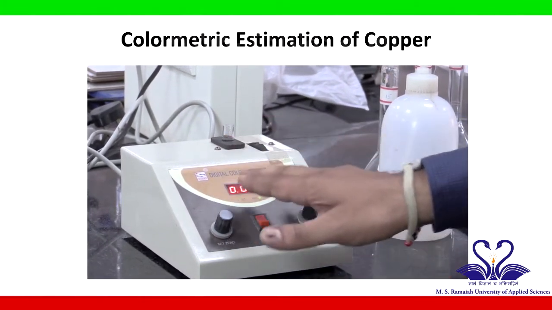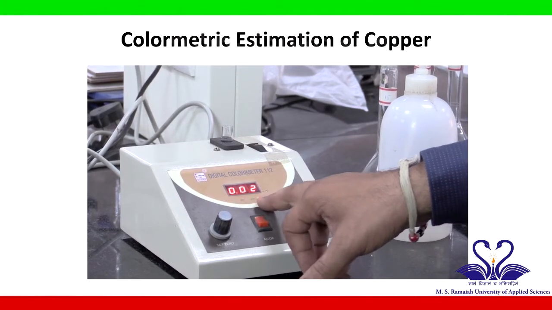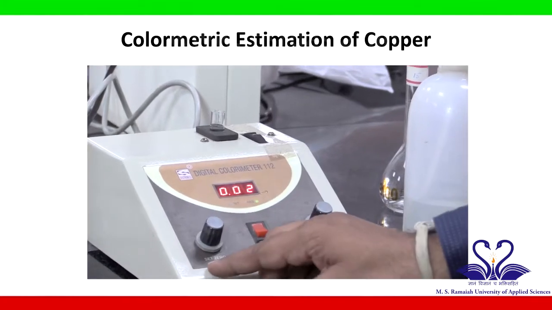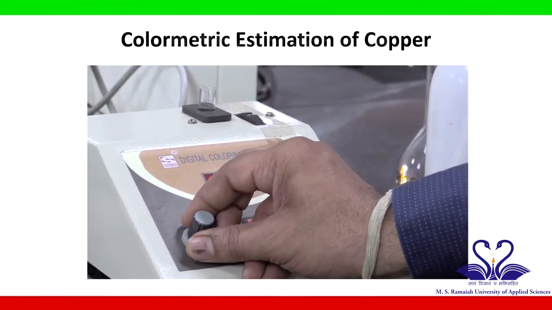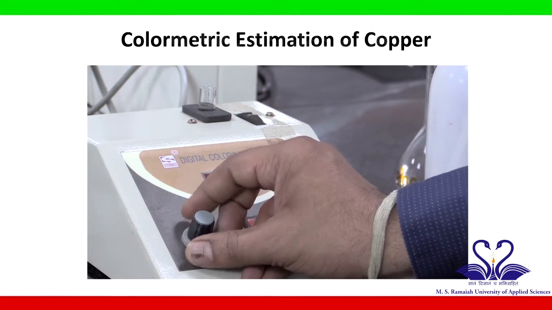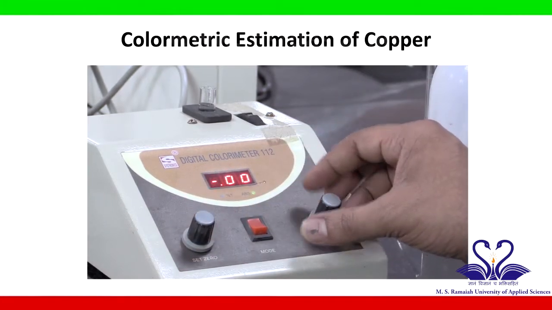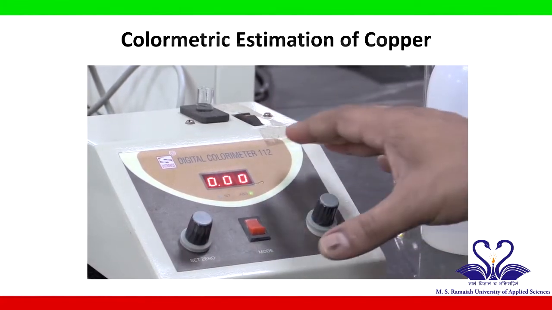Before setting it, see whether it is in the absorbance mode or in the transmittance mode. Now, it is in the absorbance mode. Set the instrument to 0 using this set 0 button. So, I am able to set the instrument to 0.